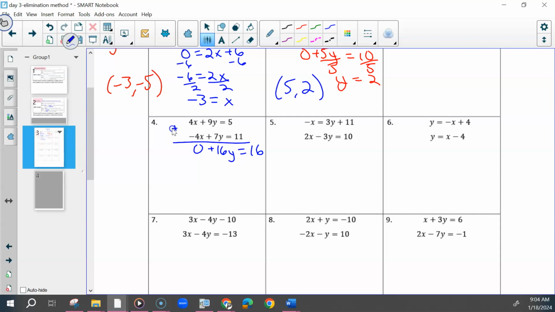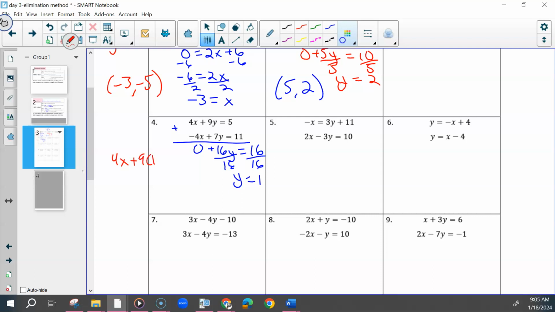What's the value of y? And then put that back into one of your equations and solve for x. Let's say I chose the first one. Again, it doesn't matter if you chose the first or the second.